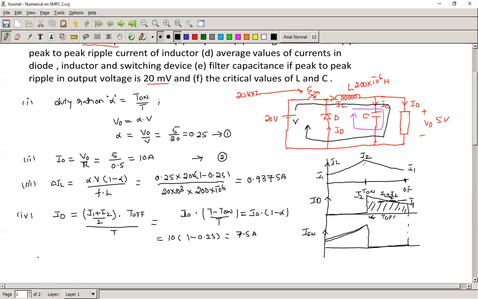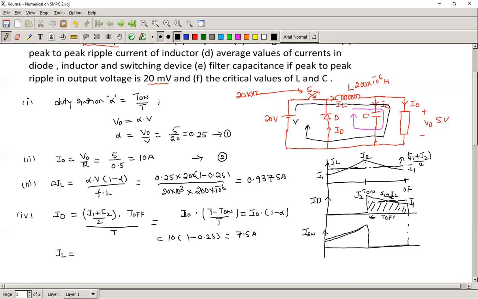In the same manner, average inductor current IL. When you find the IL, this is the one segment. Again, you take the average of these two values. Here also the waveform is there, so we consider one cycle. This value is I1 plus I2 by 2 during on time as well as off time. On time, the average value is I1 plus I2 by 2, off time I2 plus I1 by 2.